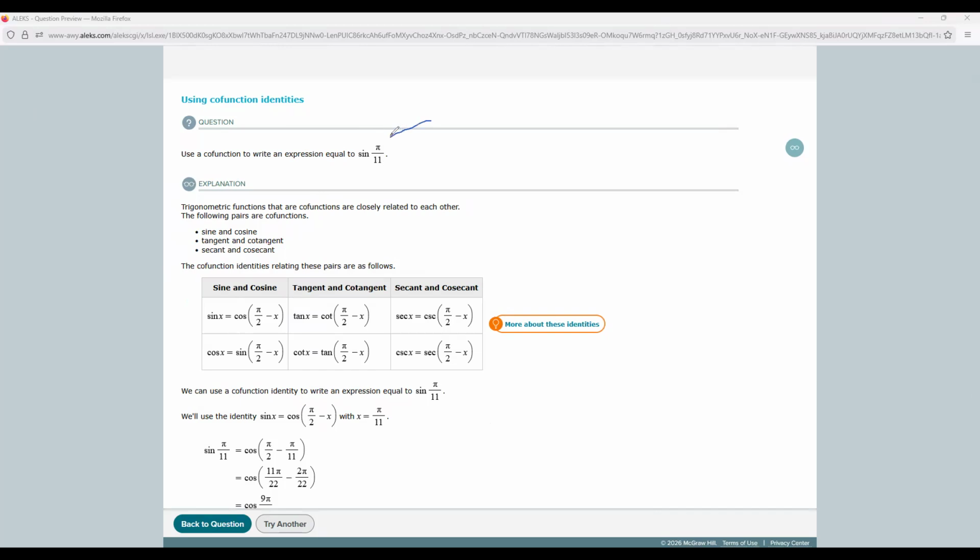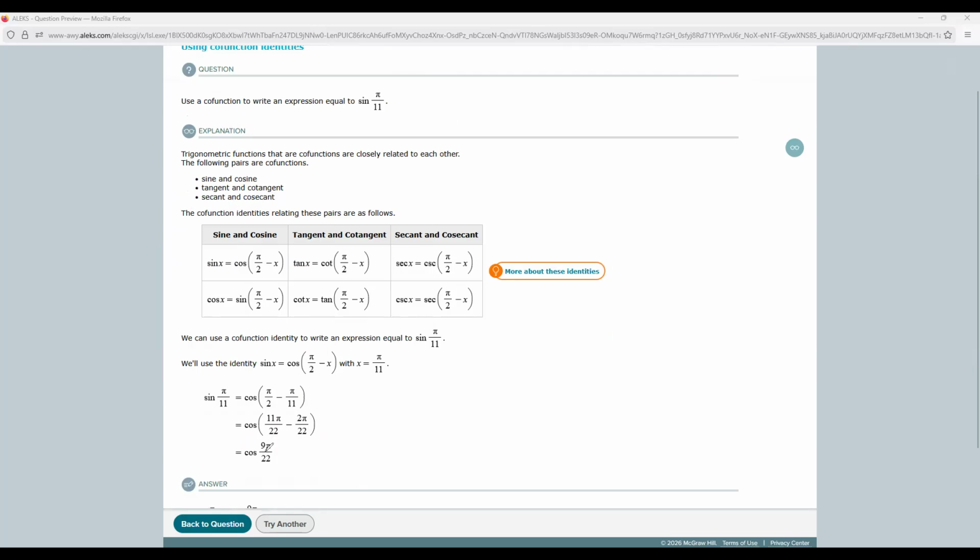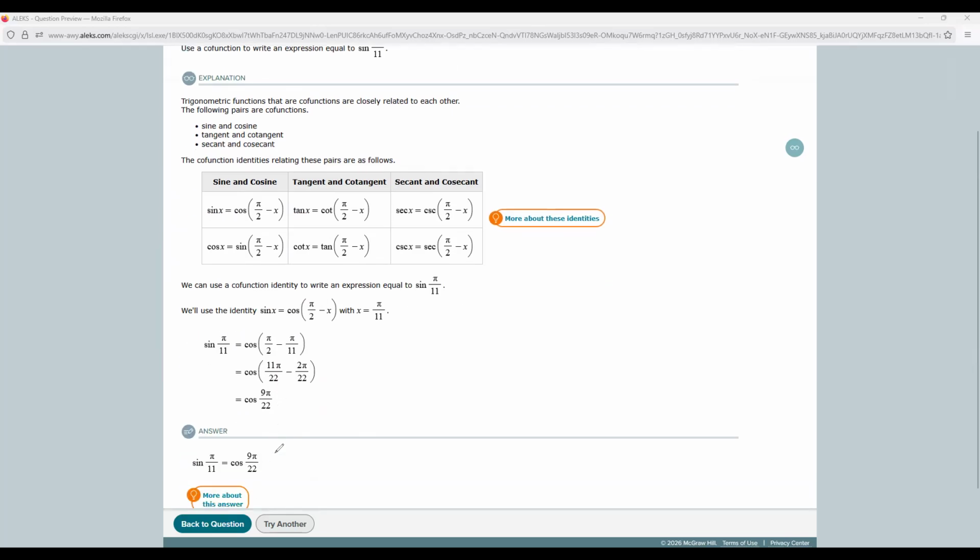This right here is the x or theta that's going to go in here because we're going to go to cosine, which is what they did here. They plug in the x, do some fraction work, simplify, and then that's it. 9 pi over 22.